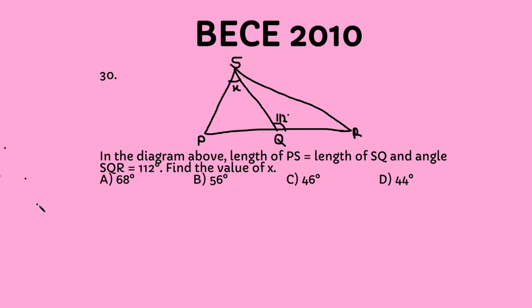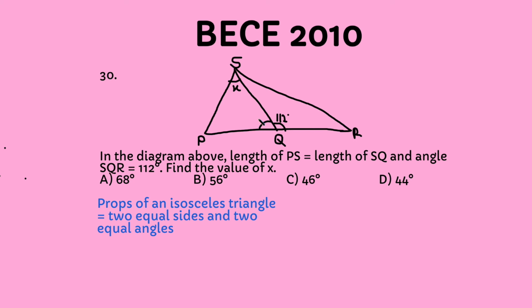For 30, in this diagram, we are to find the value of x. To find the value of x, they've given us a very important element to take note of, which is that the length of PS is equal to the length of SQ, and this is a quality of an isosceles triangle.